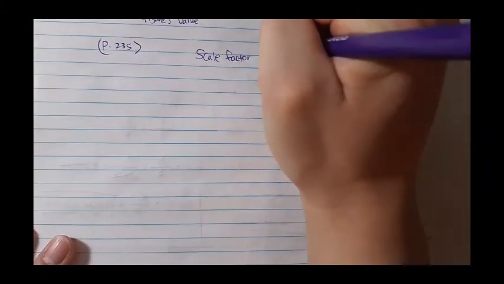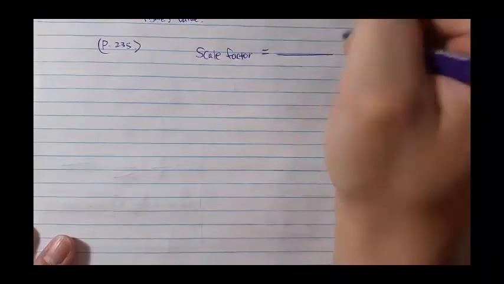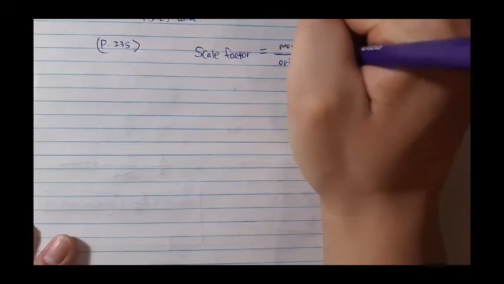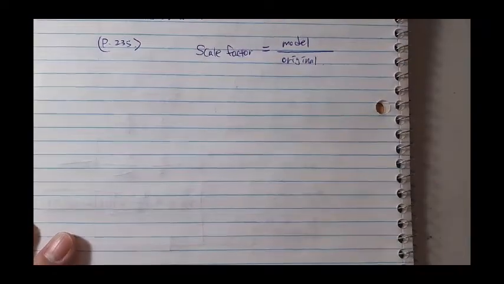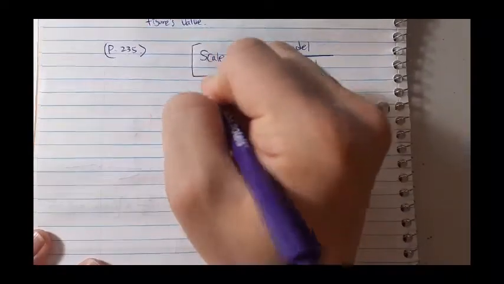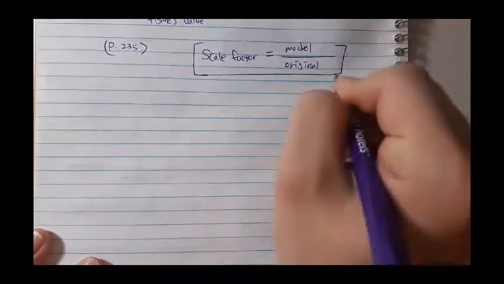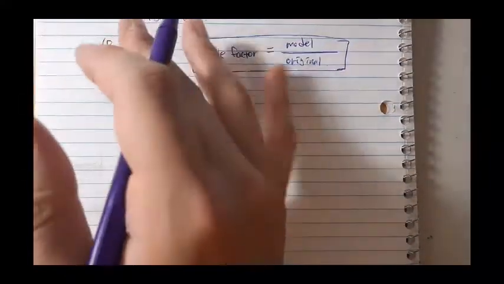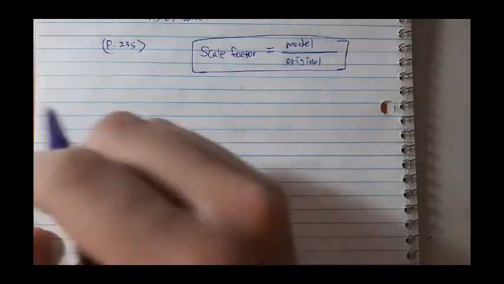Now, scale factor, you can consider this as a formula if you want. I want you to think of it as a simple fraction, which is one of the reasons why the ratio method plays a huge role in here.